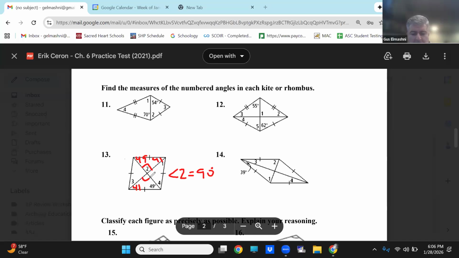No, not necessarily. I'm not sure. Oh, I know they add up to 90, so would they be 45? But they're not.